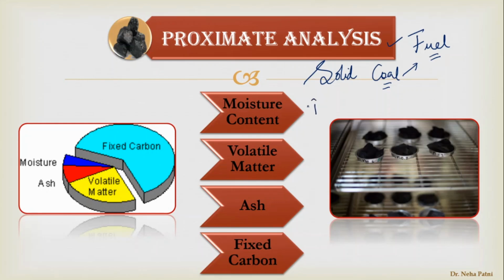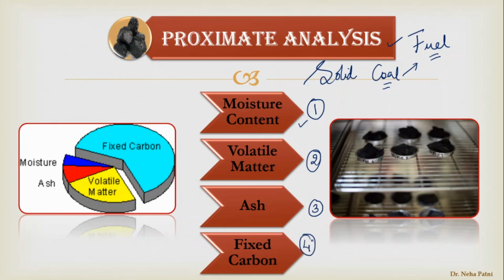The first step is to find out how much moisture is present in the sample. The second is how much volatile matter it will produce on combustion. Third is how much ash would be left after combustion. And fourth is fixed carbon.